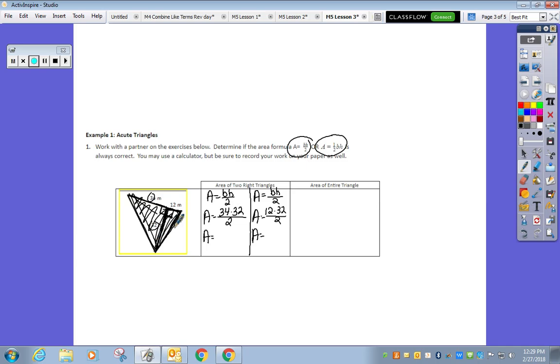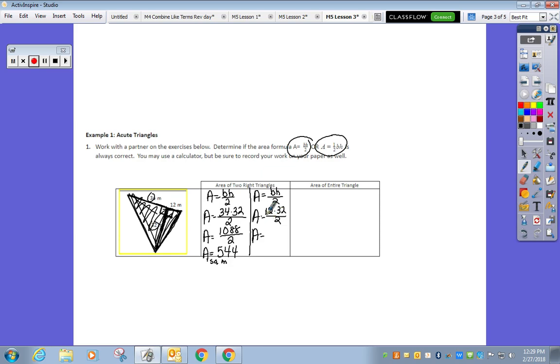So if I do 34 times 32, I end up with 1,088, which I'll then divide by 2. Don't forget the dividing by 2. That's the one thing that a lot of 6th graders do. We get 544, and it would be square meters.